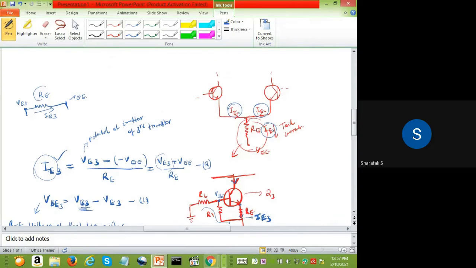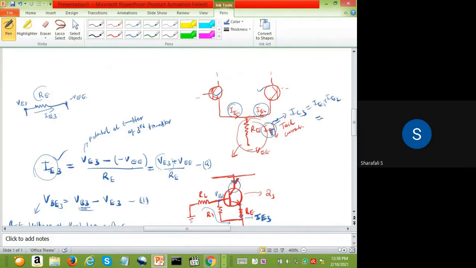Sorry, this one is IE or IT. So this will also be equal to that current which is reaching the collector end of the transistor. Okay, so that is IC3. This one is also IC3 because the same current will be reaching the collector end of the third transistor. So this IC3 will be equal to IE1 plus IE2 coming from these two transistors.